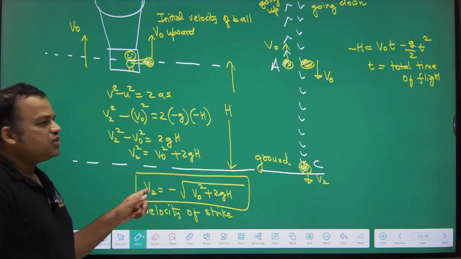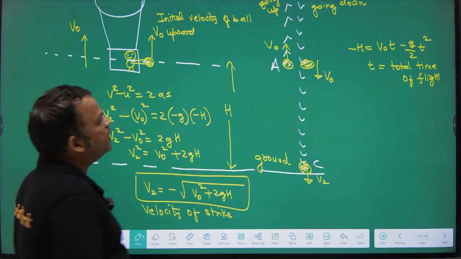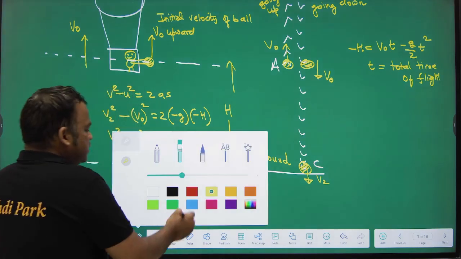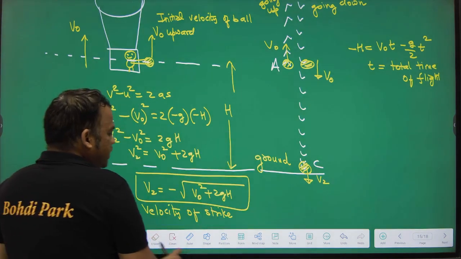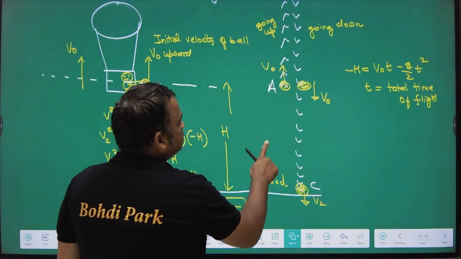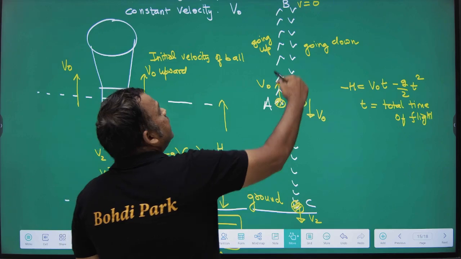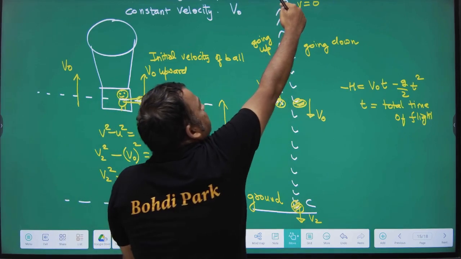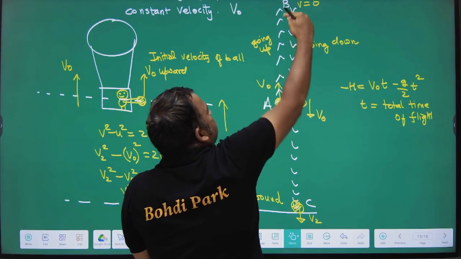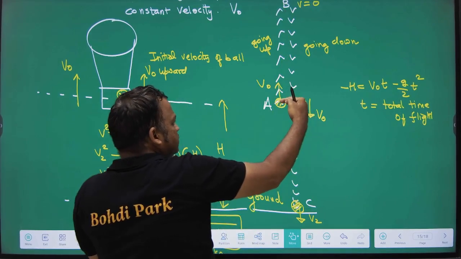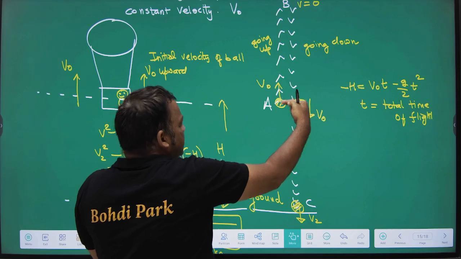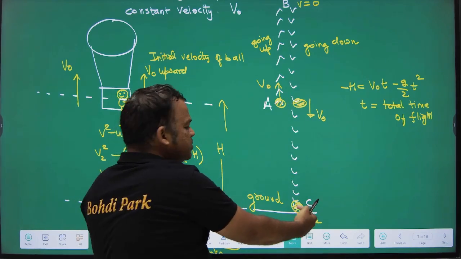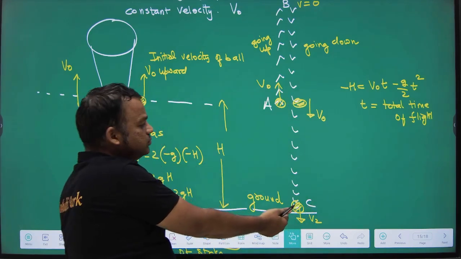Once you have velocity of strike, we can find all the times, how much time it is taking to go from A to B. We will use V is equal to U plus AT. Then again B to A, it will take same time. And then A to C, again we can use V is equal to U plus AT.